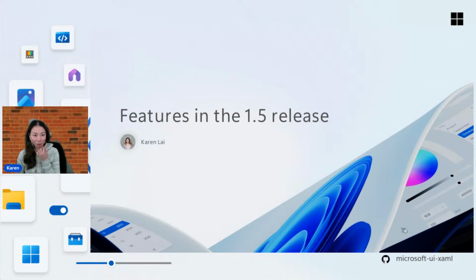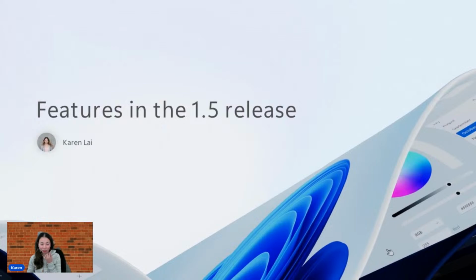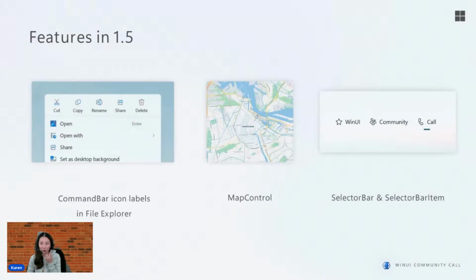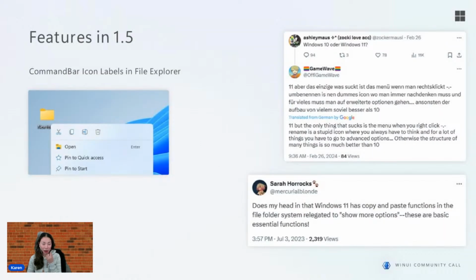I'm Karen. I'm a dev on the WinUI team, and I'll be going over the new features in 1.5. A few of them we want to highlight would be command bar icon labels, as you can see in File Explorer, and new controls like map control, and selector bar and selector bar item. So let's get into a bit of a story with command bar icon labels.